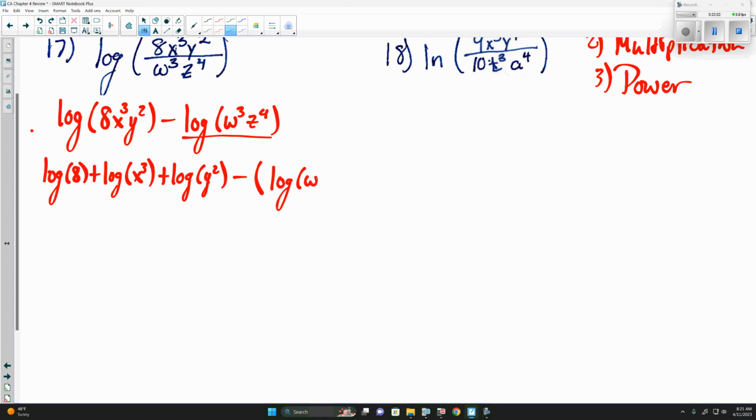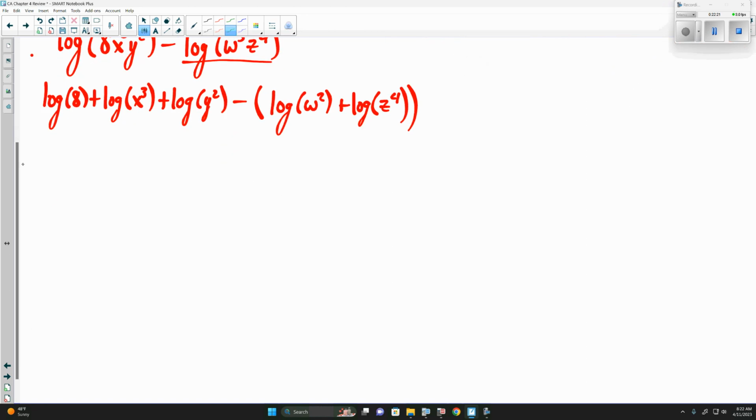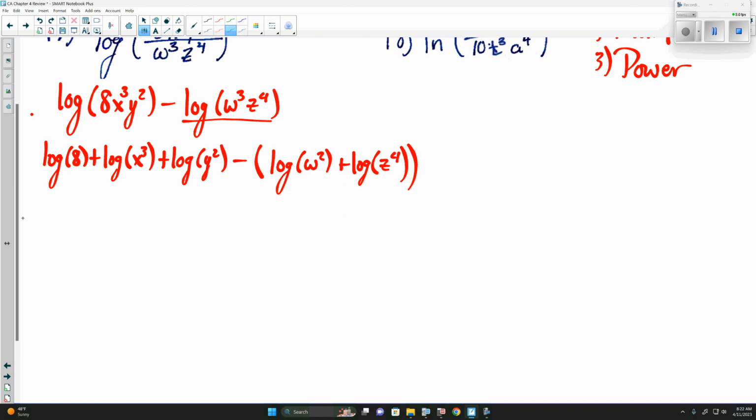So log of w squared plus log of z to the fourth. Now, if you can remember to just make both of those negative, that's fine. You don't necessarily need to put the parentheses.